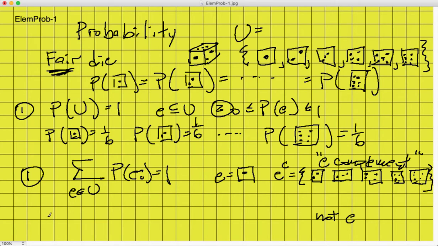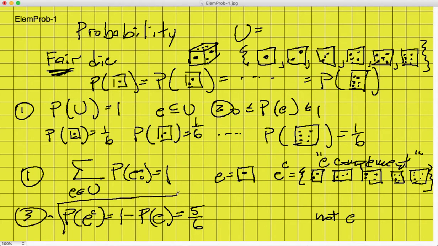So we can see that the probability of E complement is equal to 1 minus the probability of E, and in this case that would be equal to 5/6. So this is also an axiom of probability. I've got 1, 2, 3, and the axiom part is this part right over there.